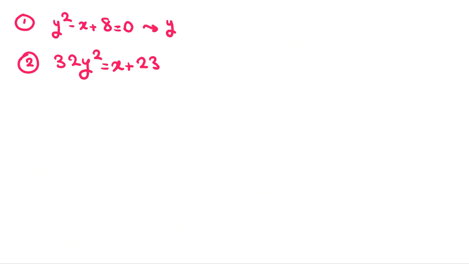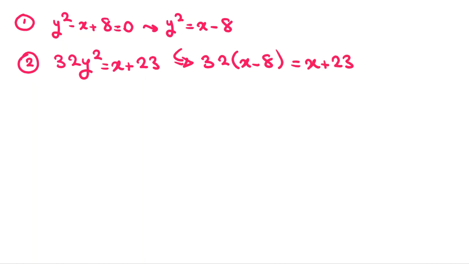From here, y squared equal to x minus 8. To replace it here, it will be 32 times x minus 8 equal to x plus 23. 32x minus 8 times 32, which is 256, equal to x plus 23.